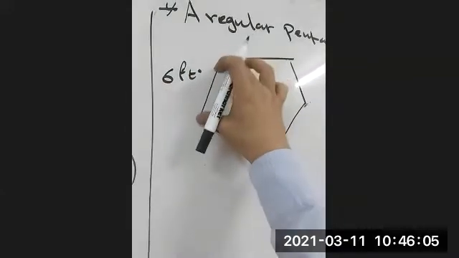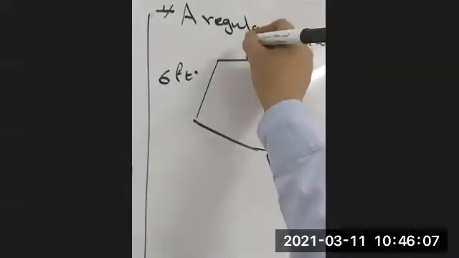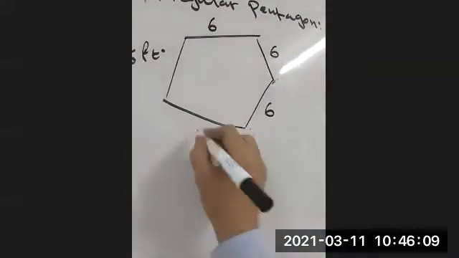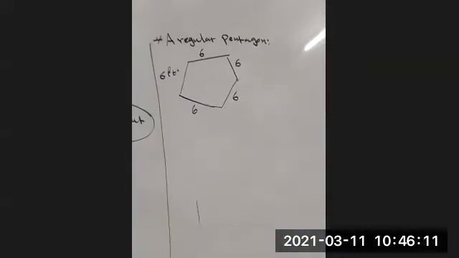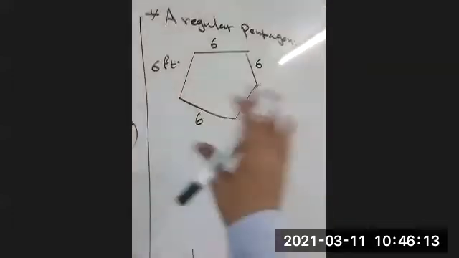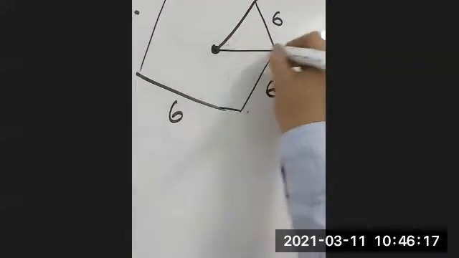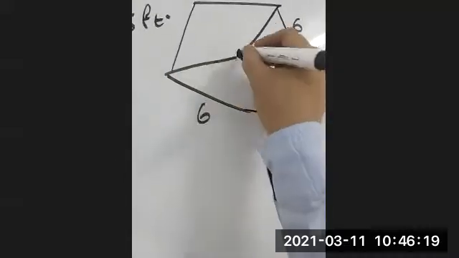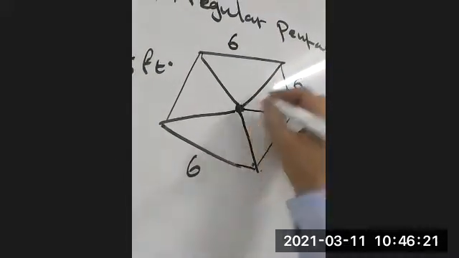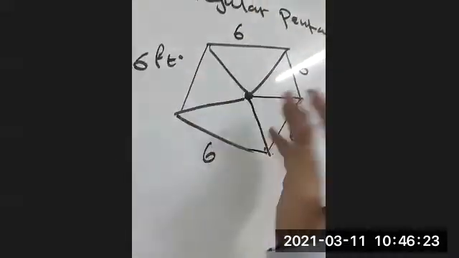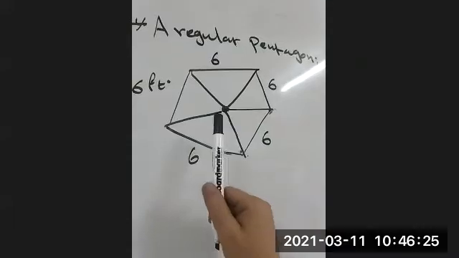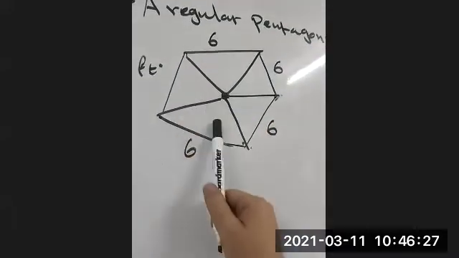If this is 6 and it's regular, then this is 6, 6, 6, 6. How do we find the area? We start from the middle and split the polygon into triangles, going from the center to the corners. Because we have 5 sides, I will have 5 triangles.